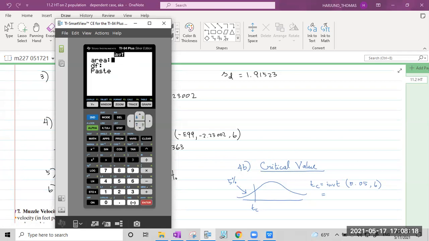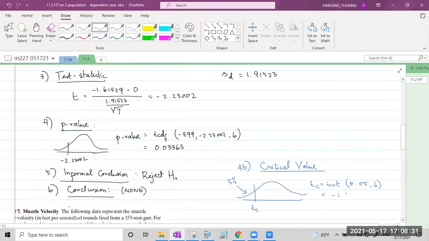That's negative 1.94318. So you see our test statistic is actually on the tail. This is negative 2.2, right? While the critical value is negative 1.9. Okay, that's why we reject null hypothesis.